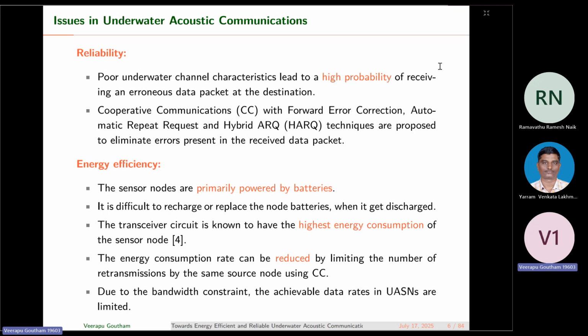Whatever battery is available at the sensor, we need to use it more efficiently. The transceiver, transmissions and receptions, take the highest energy consumption. That's why we need to reduce the retransmissions from the same node, and that's why we can use cooperative communication.